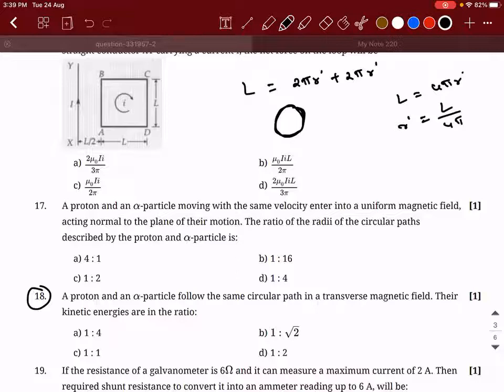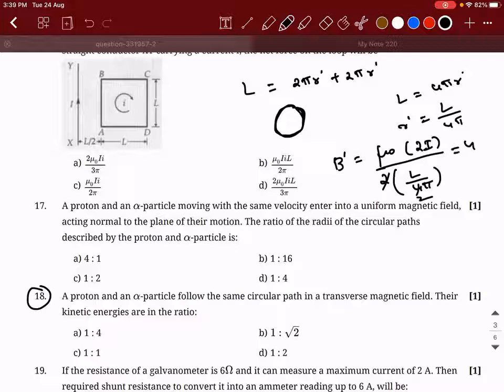So R dash will be equal to L divided by 4 pi. So B dash will be equal to mu naught into the number of turns, which is 2, into i, divided by 2 into L divided by 4 pi. So this and this will get cancelled.